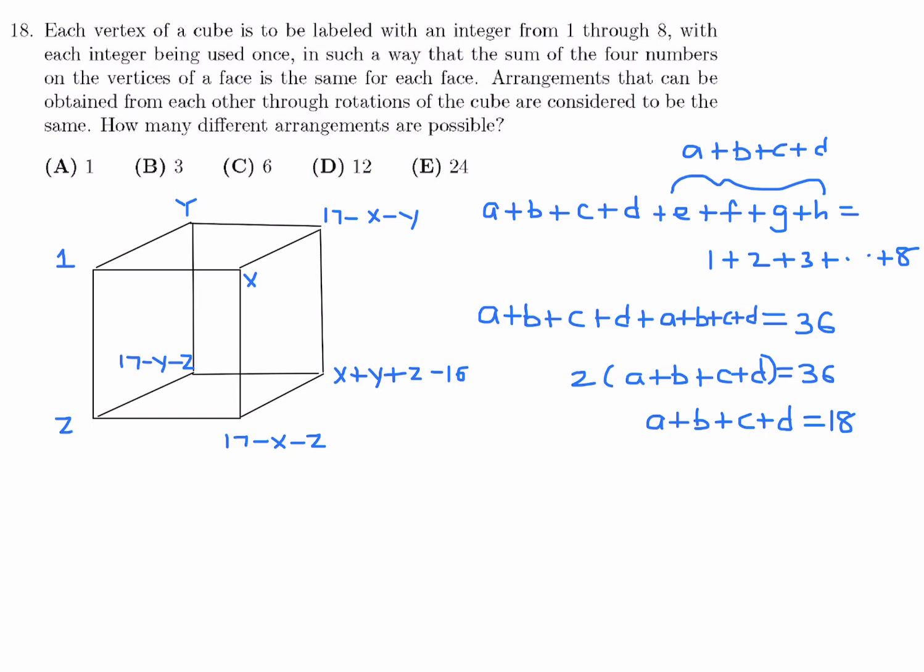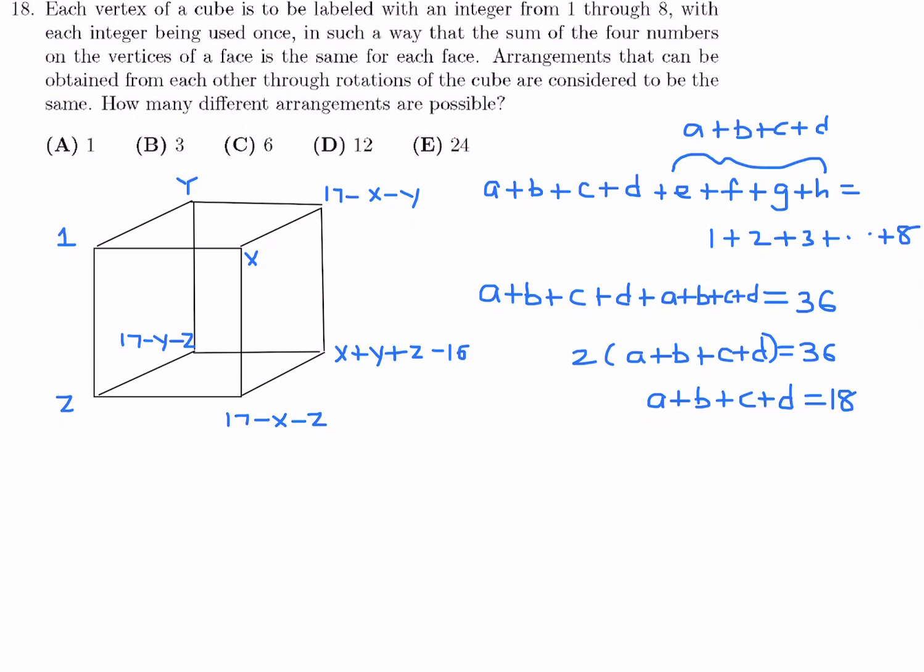Okay, so now this is when trial and error comes in. Not necessarily trial and error, but casework, I guess, whatever you want to call it. So we have to now test these guys. But the good news is we have a few conditions. We can label X, Y, and Z to have some sort of an order.